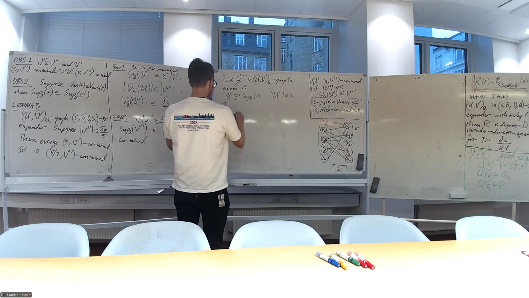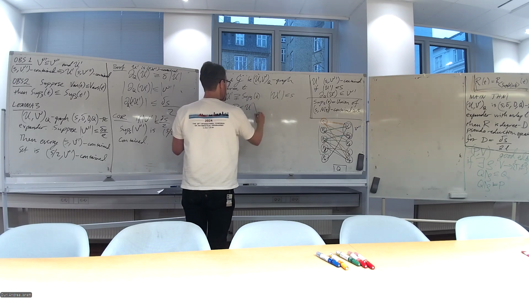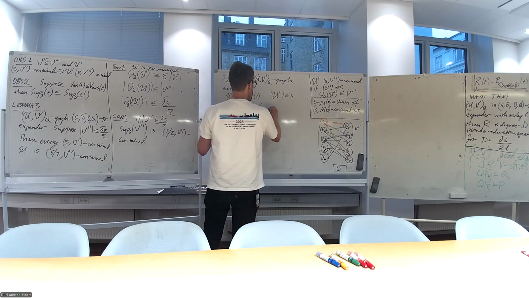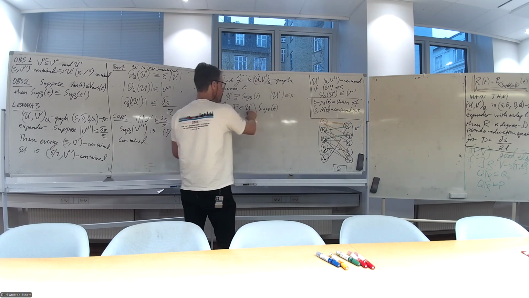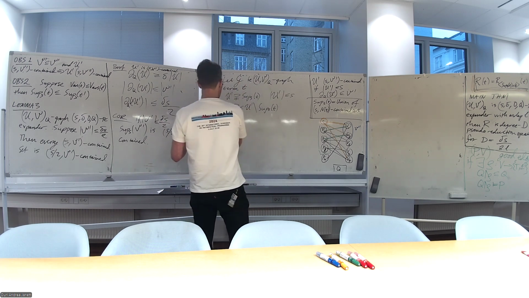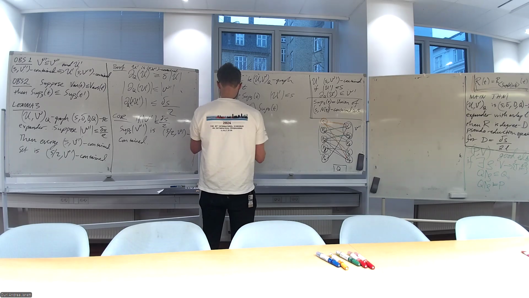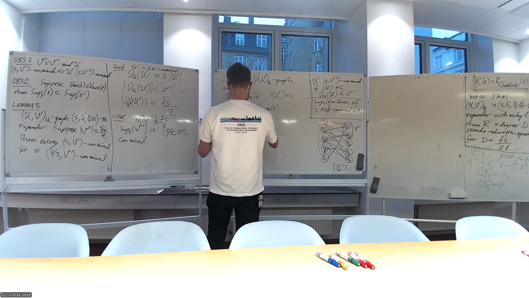Then I claim that there is a P in U prime minus the support, and there is a V that is a neighbor.